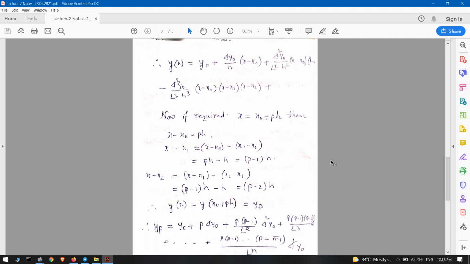Now we want to calculate a1. So to calculate a1, let us start with that. You put x equal to x1, then that value, that is y of x1, will be a naught plus a1 into x1 minus x naught.